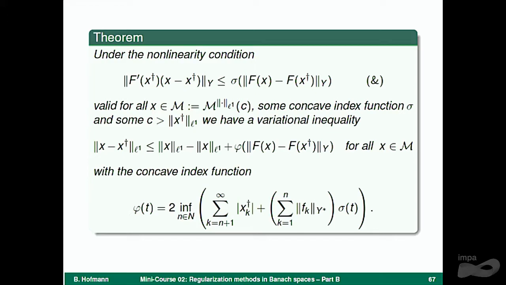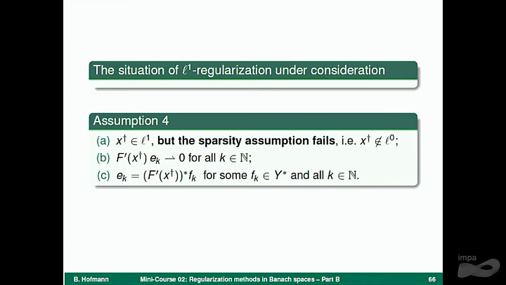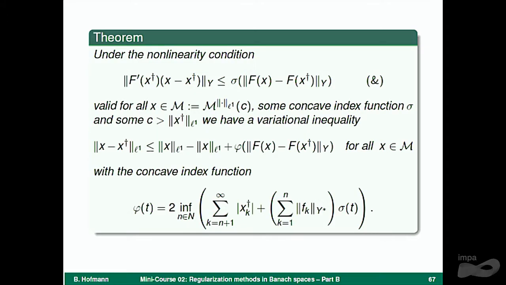The other part is our sigma function from the nonlinearity, and here is such a sum of the first n elements of this condition which occurs here in the characterization, and it could be shown this is really an index function, it is really concave, and nobody can compute it.